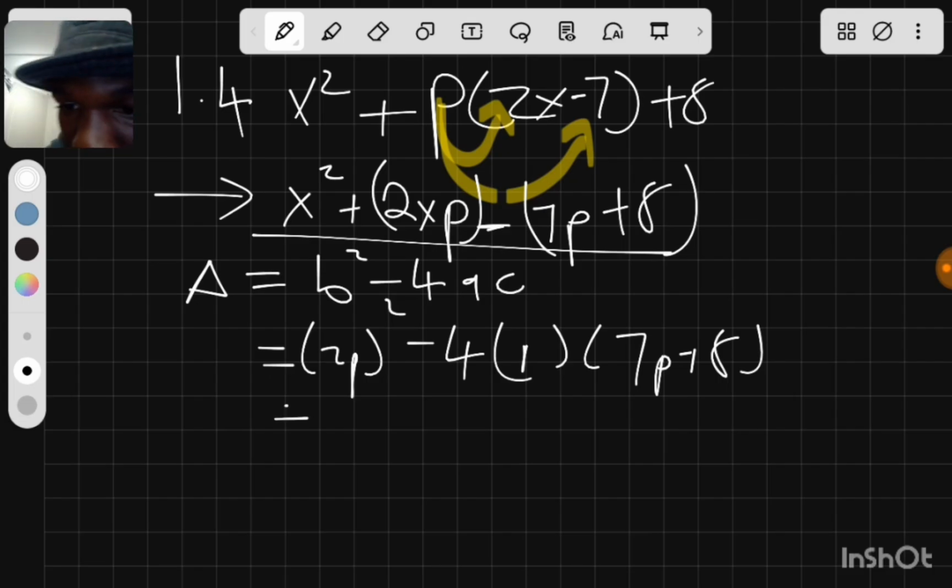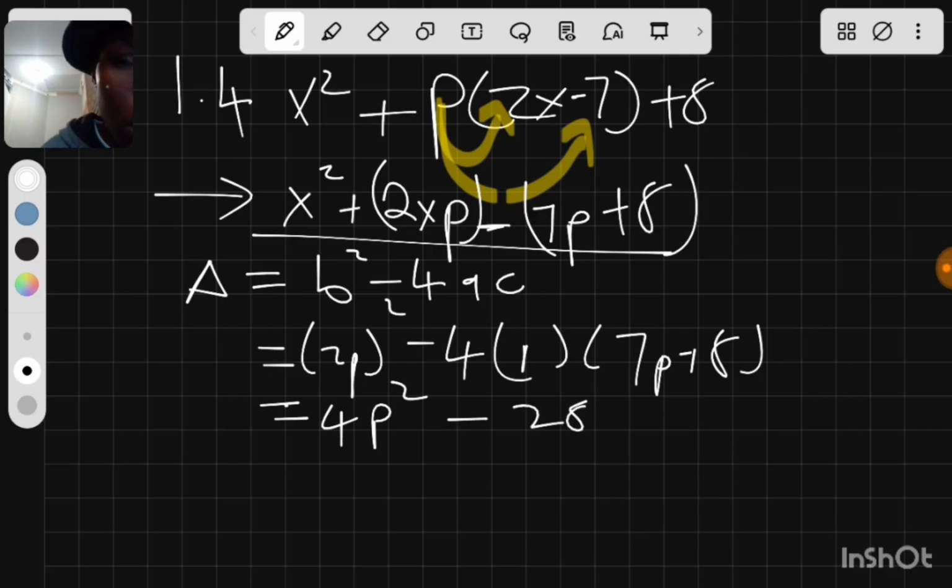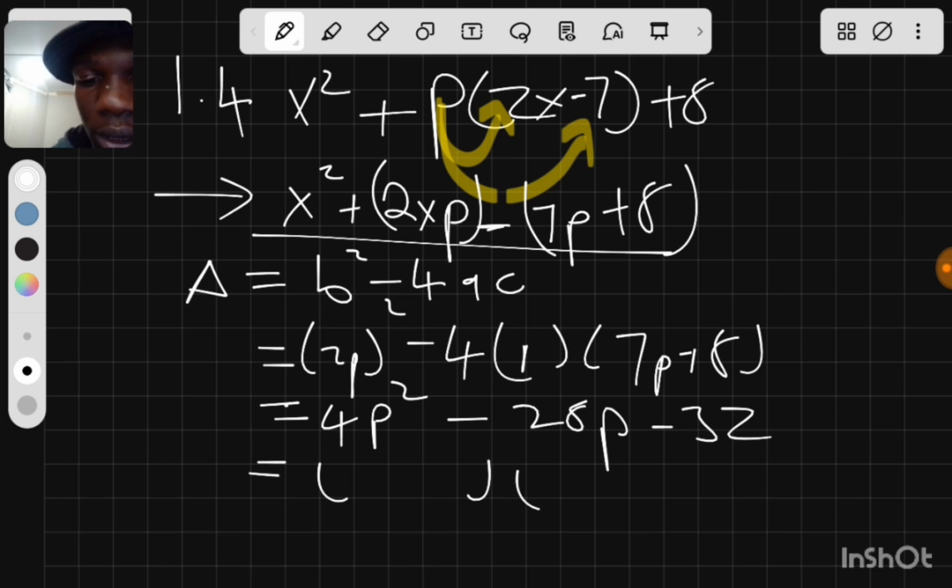So we're going to have 4p squared minus 28p minus 32. Then we're going to factorize this, guys.